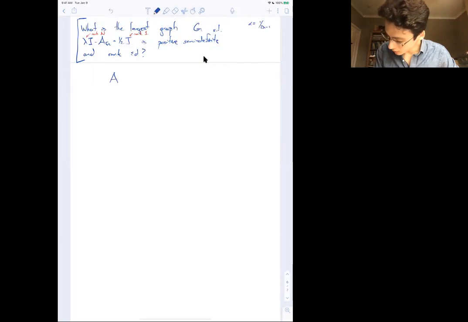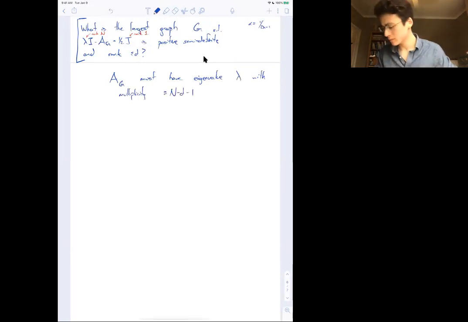And what that means is A_G must have eigenvalue lambda with multiplicity, say at least n minus d minus 1, maybe n minus d, but something around this order.